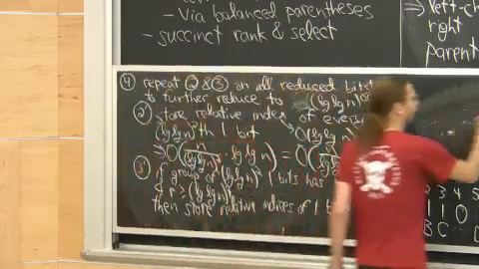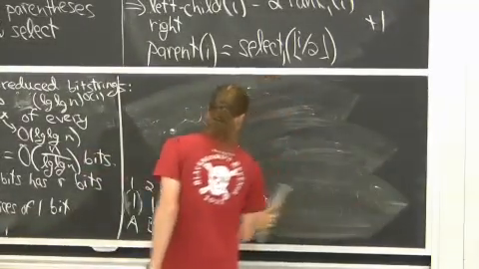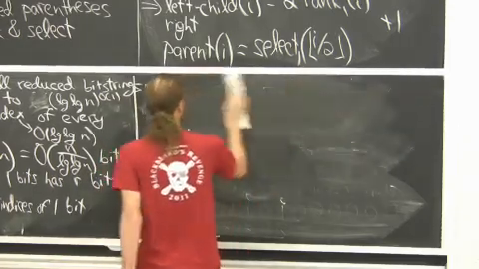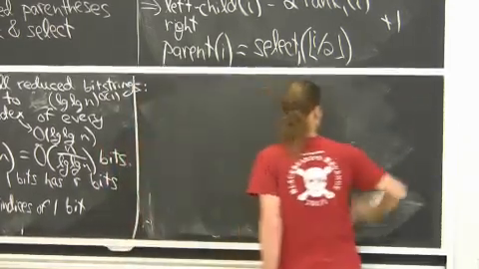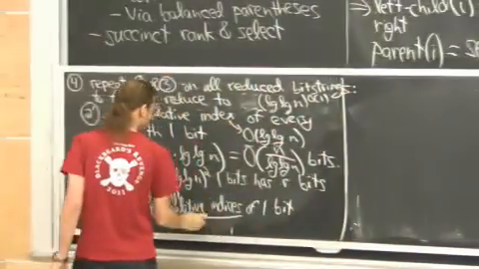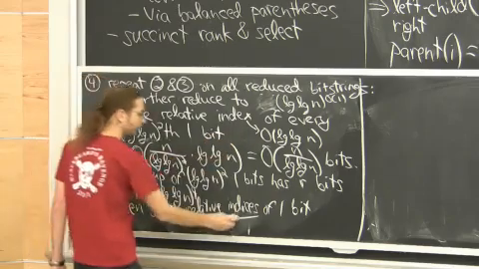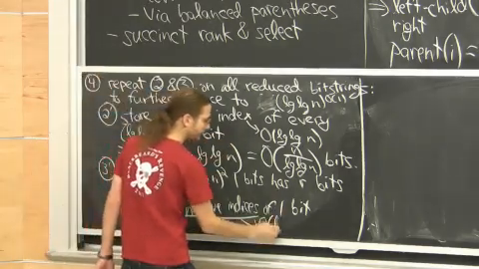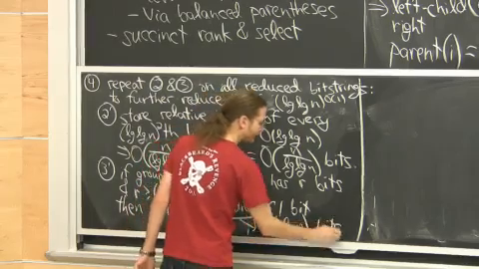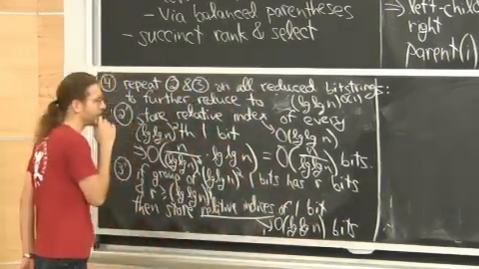Okay, let's go over here. So how much do these relative indices cost? Again, it's at most order log n bits to write them down.